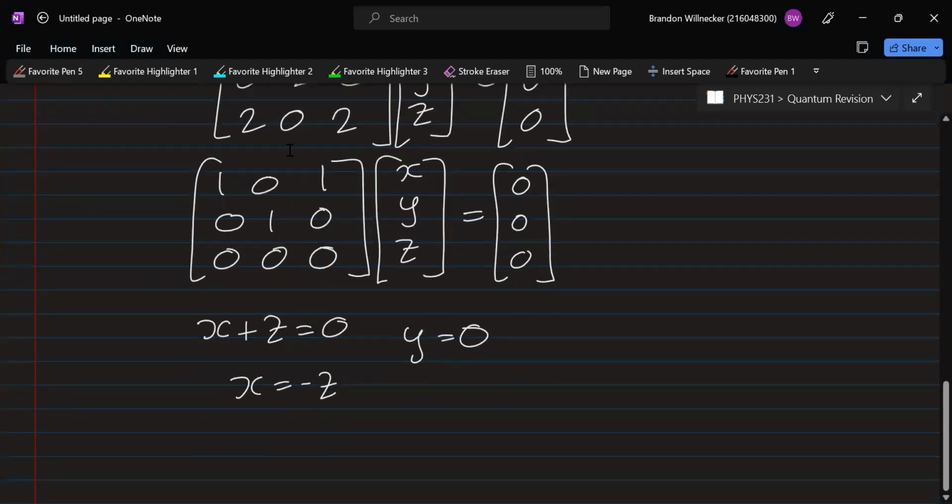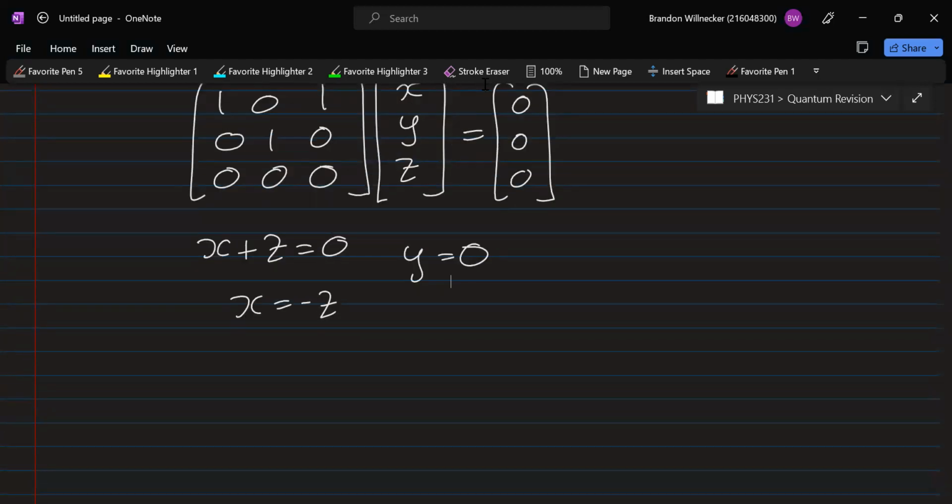Now, either x or z is a free variable. However, it's not entirely free because we would like our eigenstates to be normalized. So in that case, we can pick x to be 1, which means z is going to be -1, and then we need to normalize that with a factor of 1 over root 2.